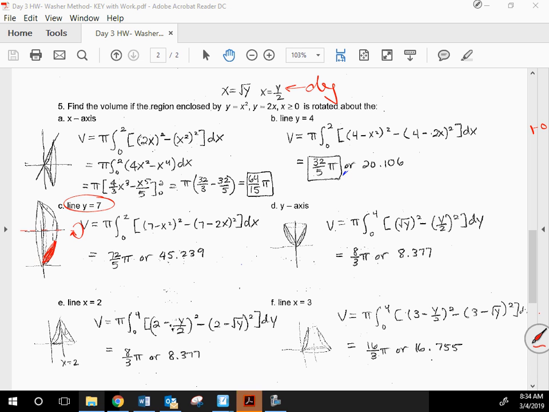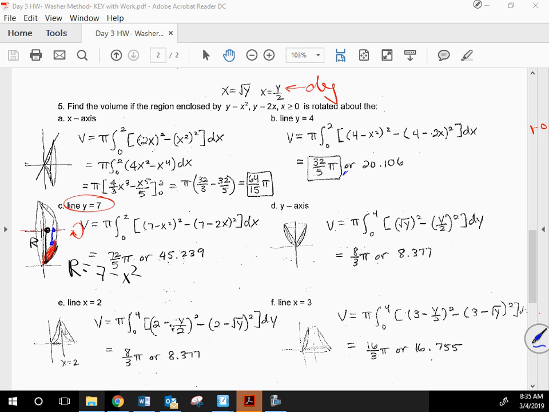When I go to establish a radius, always go from your axis of revolution to the edge of your solid, or my big R. So with my axis of revolution, top minus bottom would be 7 minus my bottom function, which was x squared. That's my big radius. Now when I go to do my little radius, again, always from your axis of revolution to the inside of your gap.